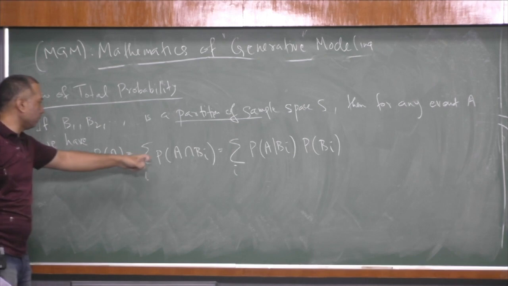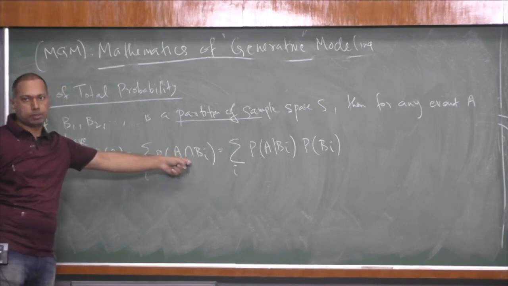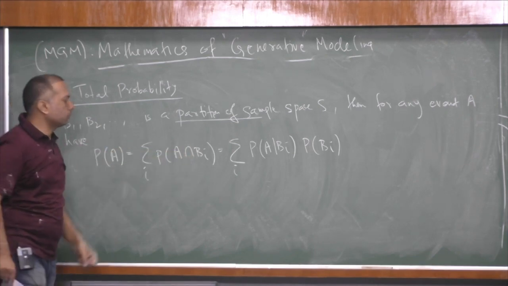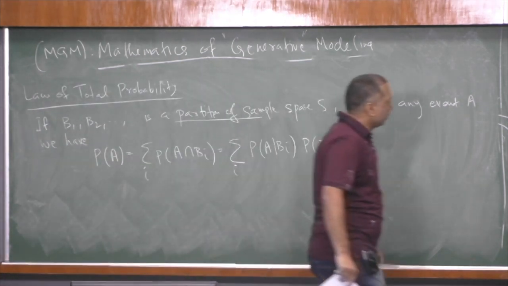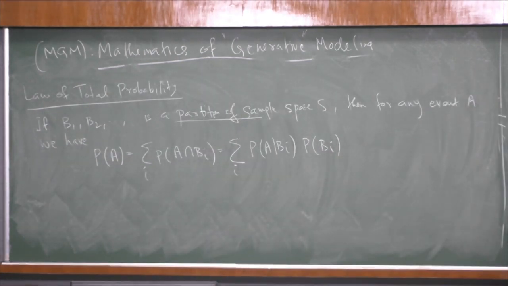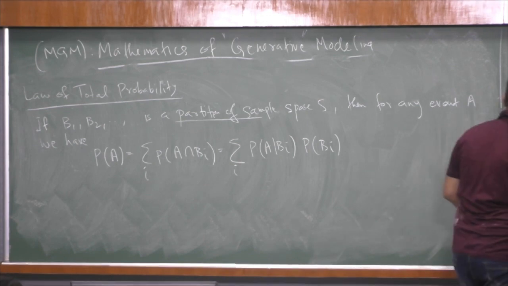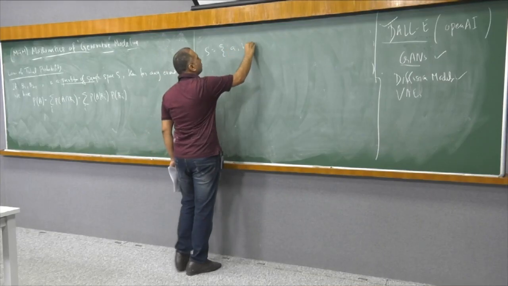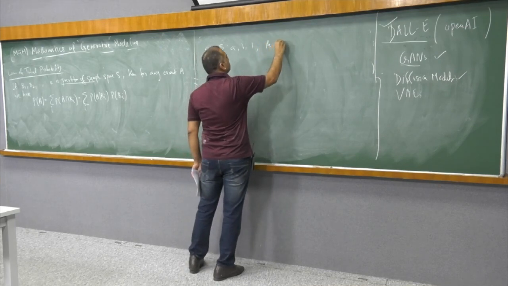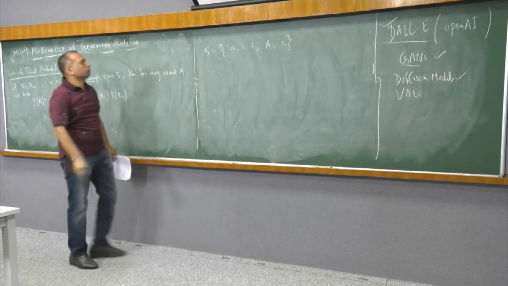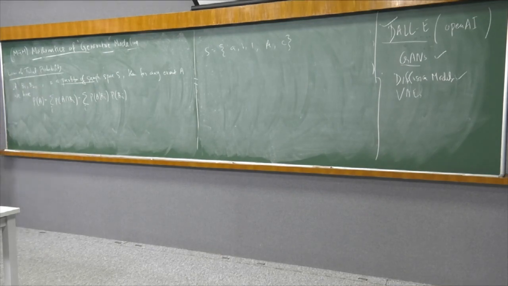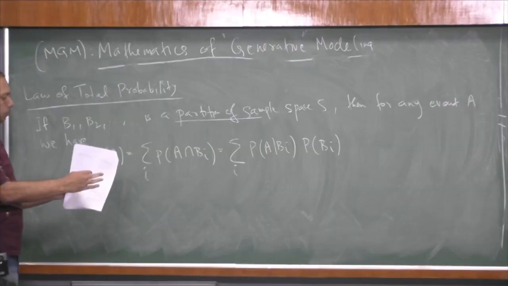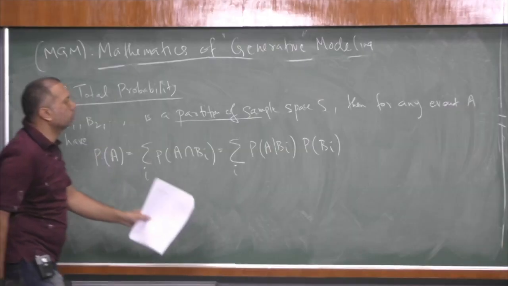Now this is valid when the Bi form a partition of the sample space. So what is a partition? You recall a little bit, because sometimes you may think of partition in a different way, and there may be an issue there. So let's say I have a set S with elements A, B, 1, capital A, C, something like that. Give me a partition of this set S. A partition is a collection of subsets of S, pairwise disjoint, whose union is the whole set.